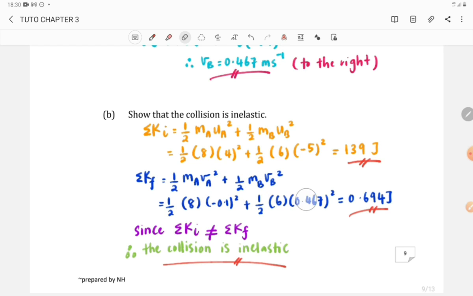Substitute all the values and finally you will get the total kinetic energy final is 0.694 joule. Next, we compare these two values. Since these two values are not the same, hence the collision is inelastic collision.